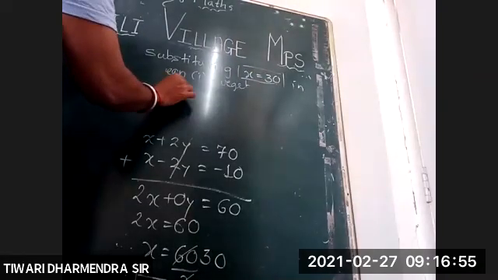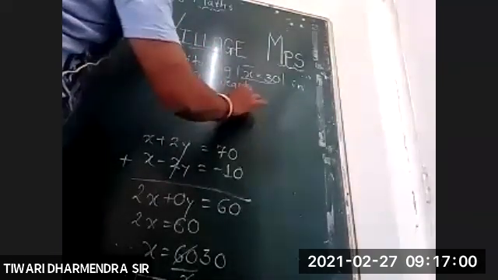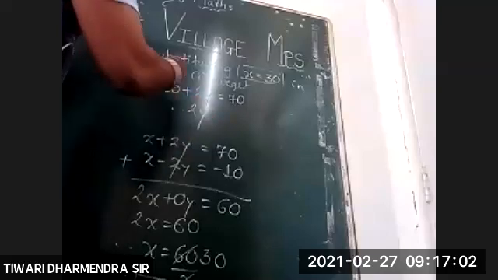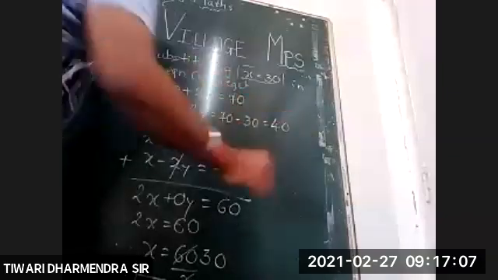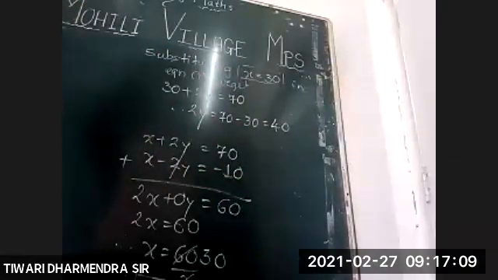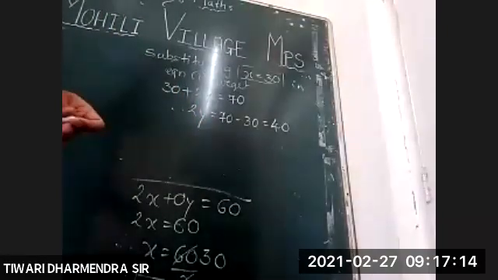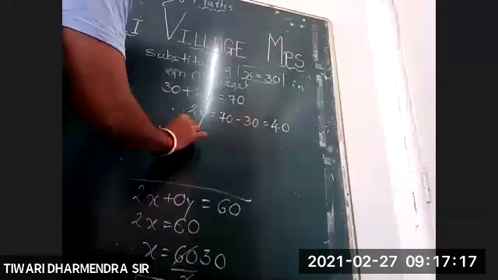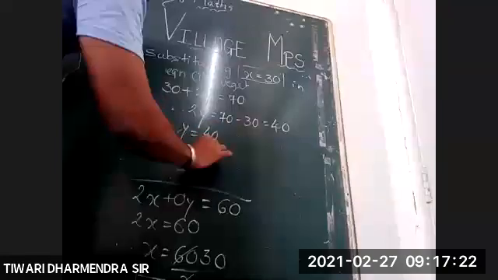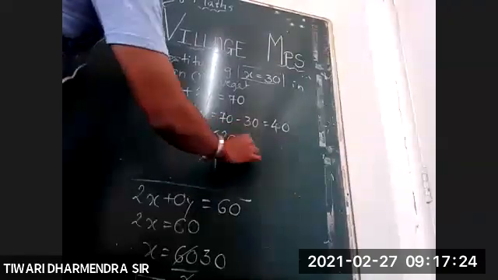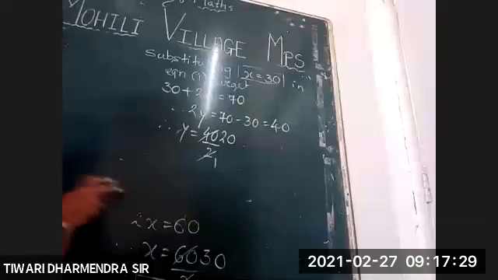That is x plus, so 30 plus 2y is equal to 70. So therefore, 2y, taking 30 to that side, that is 70 minus 30, which is 40. So therefore, y is equal to, taking 2 to that side, which will take the form of a division, 40 divided by 2. So we got the answer as 20.